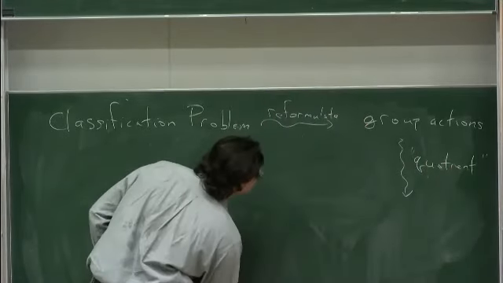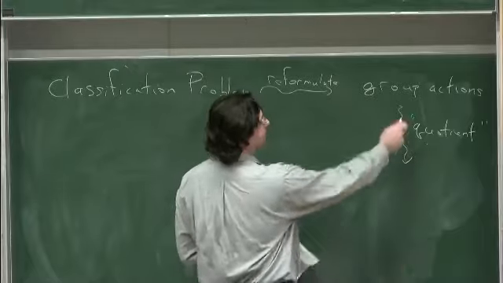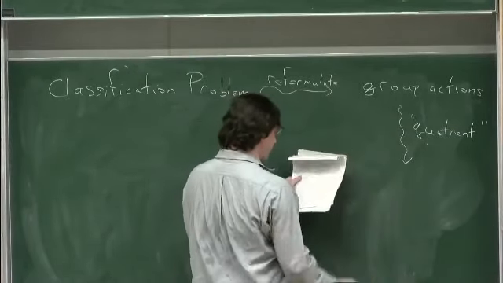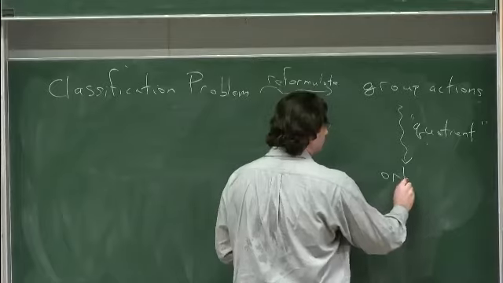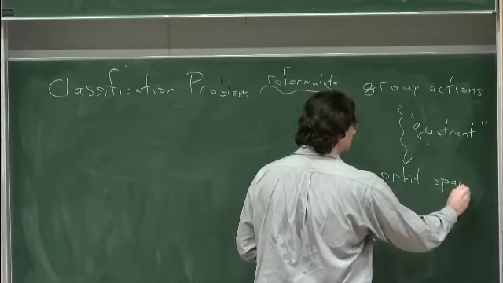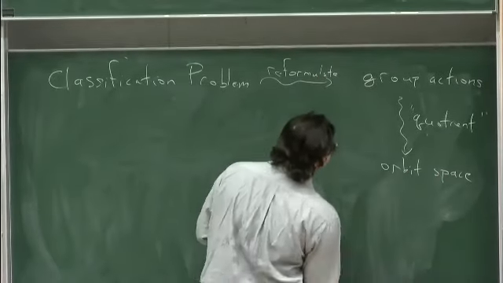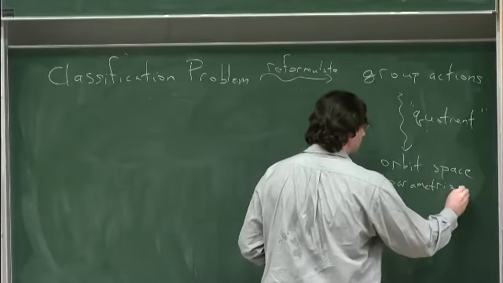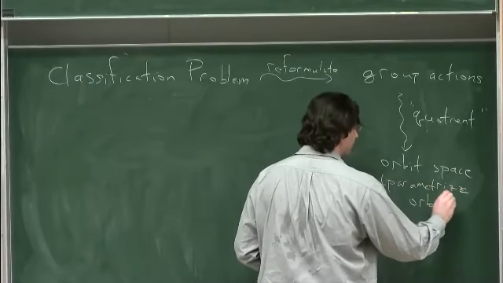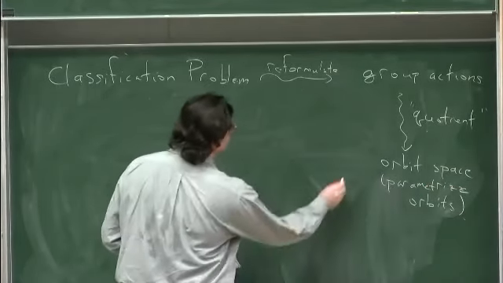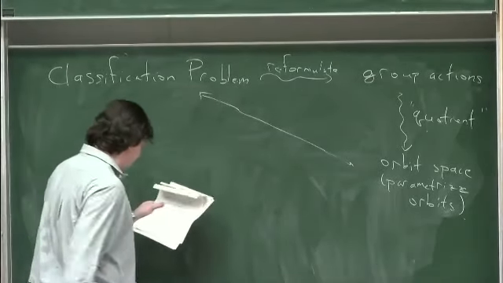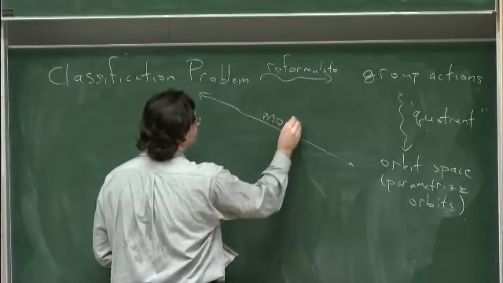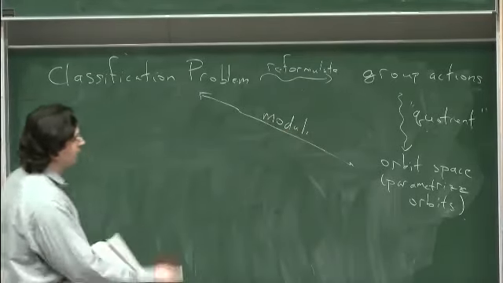Depending how you think of the quotient, the simplest thing to do is just to parameterize all the orbits in the action on your, say, variety, and you get an orbit space, which parameterizes orbits of the action. And then, in the third leg, we go back to our original classification problem, and we want to define whatever class of spaces we're working with, moduli.